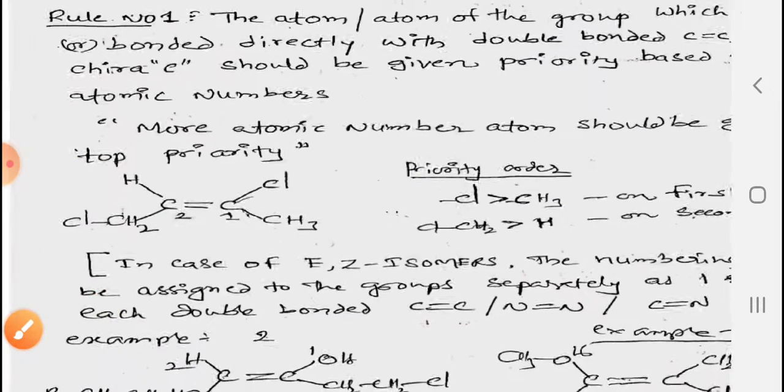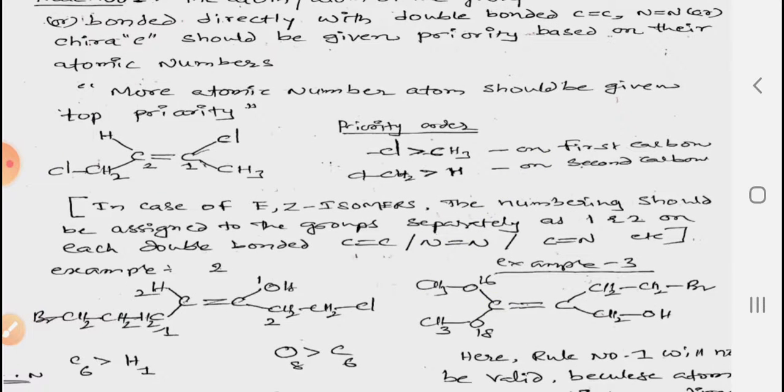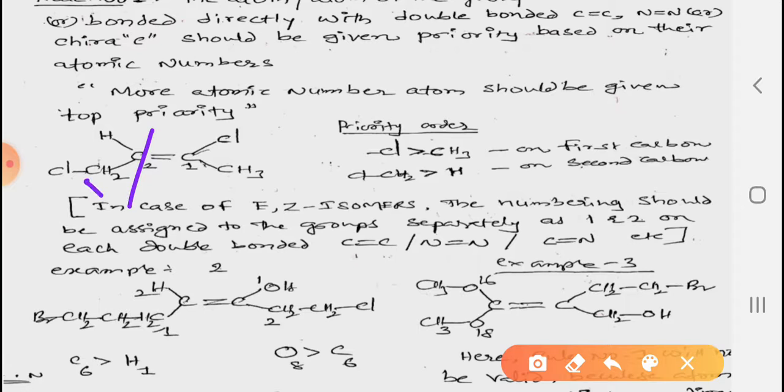And here one most important point: in case of E/Z isomers, numbering must be assigned to the groups separately, as 1 and 2 on each carbon of the double bond. That means we have to use 1 and 2 on this carbon, and 1 and 2 on this carbon, 1 opposite 1, like that.